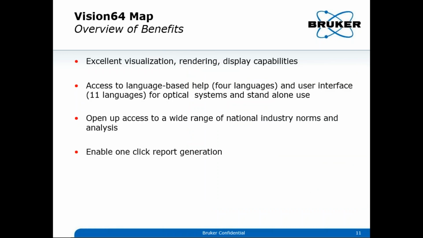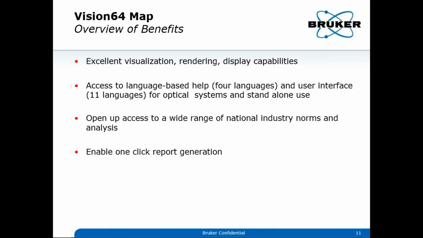The benefits of Vision64 Map software include excellent visualization and display capability. It also comes with different languages. I understand that some of you are from different countries with different native languages like Chinese or Korean. The Vision64 Map software does have local language capability.